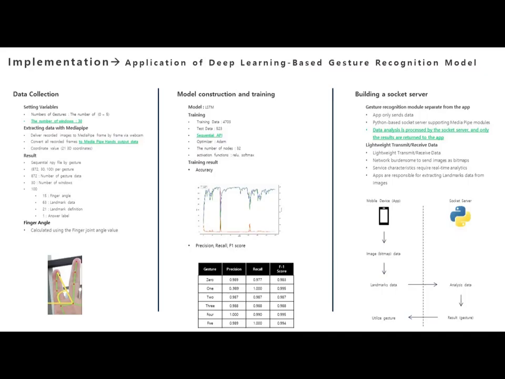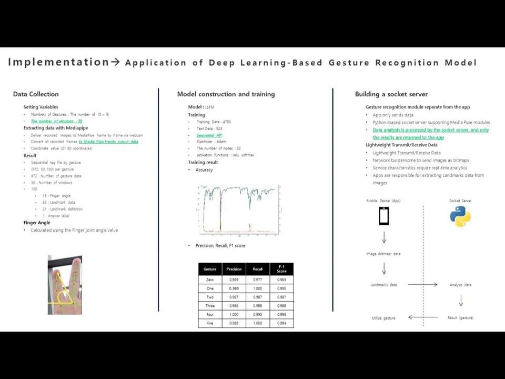Design and implementation. First, the procedure for introducing a gesture recognition model based on deep learning. We use video recorded by webcam as the dataset and train an LSTM model with Python.